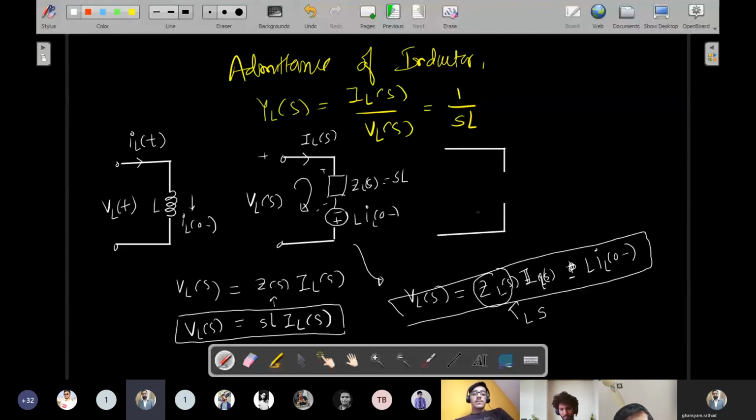You remember this one? How to remember these circuits? The first circuit is converted by Laplace transform into impedance form. Now the third is the admittance form. So we have to write this admittance as 1 upon SL, this way.